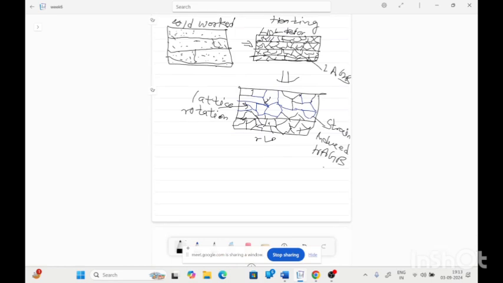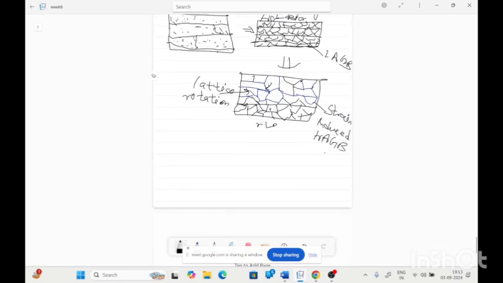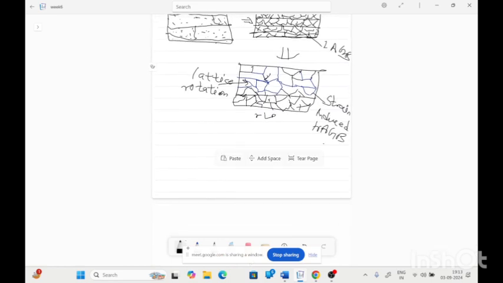Therefore the progressive transformation happens. With time, most of the grains that are formed because of the dislocation sub boundaries start rotating and form the high angle grain boundaries.